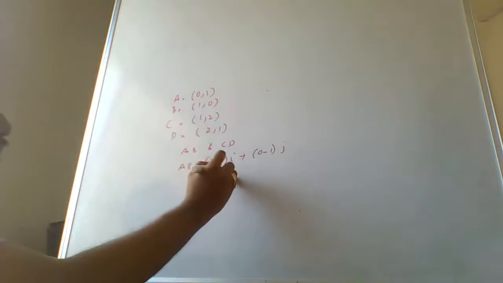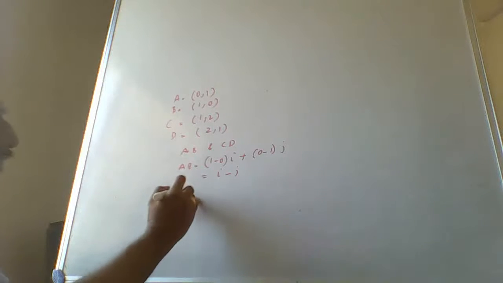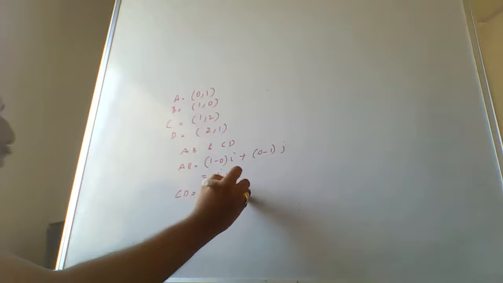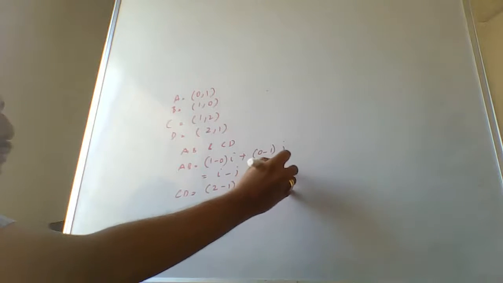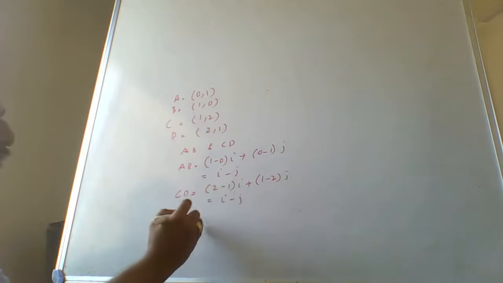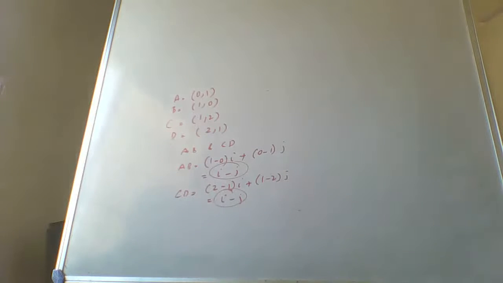So this is i minus j. CD would be 2 minus 1 into i, and 1 minus 2 into j. So this is i minus j. So we find these two results are the same. Hence proved.